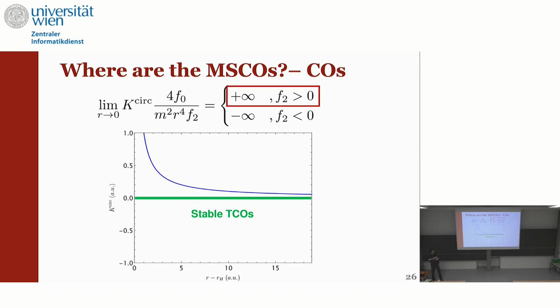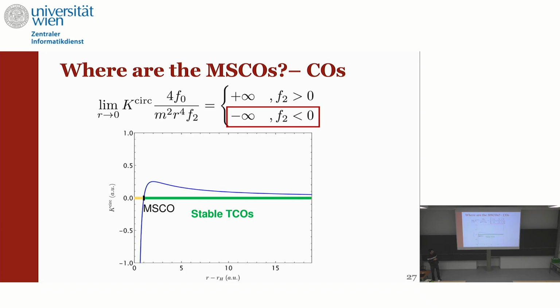The case where the strong energy condition is satisfied, such compact object would have stable time-like circular orbits all the way up to r equals 0 if it has no light rings. If it does, then we would have a similar structure to the case of the black holes. And otherwise, if the strong energy condition is violated, then the orbits near the origin would be unstable and we would have a marginally stable circular orbit.